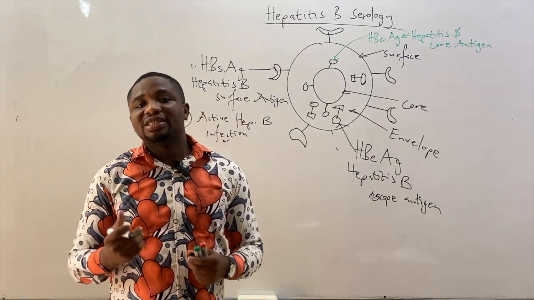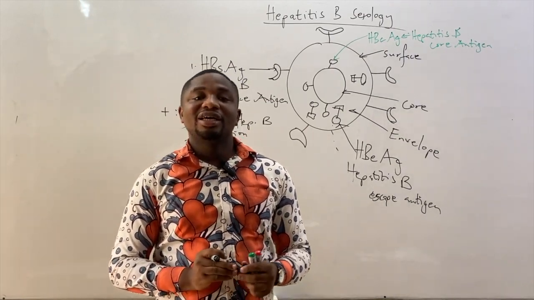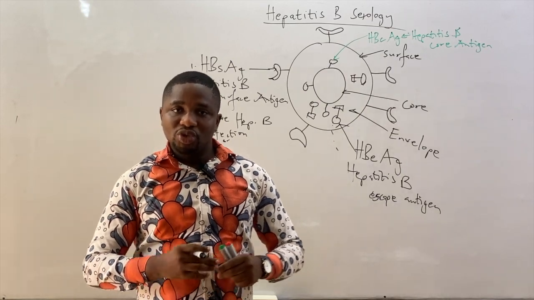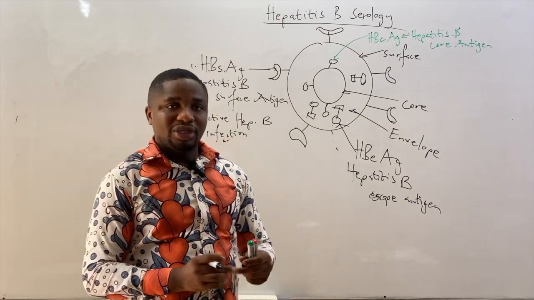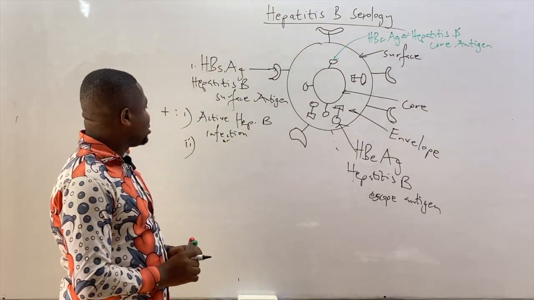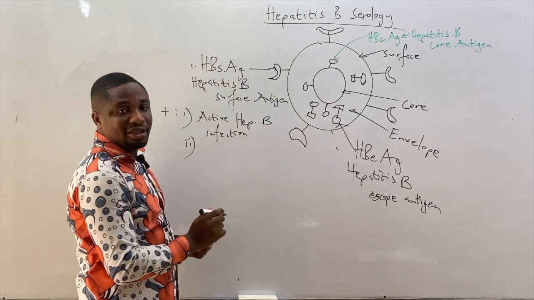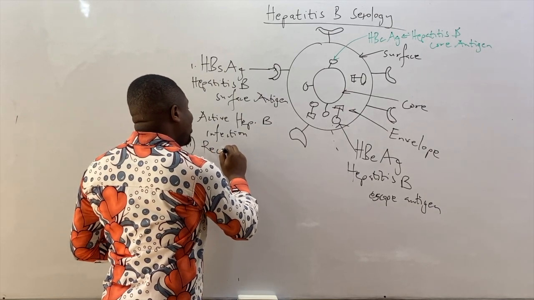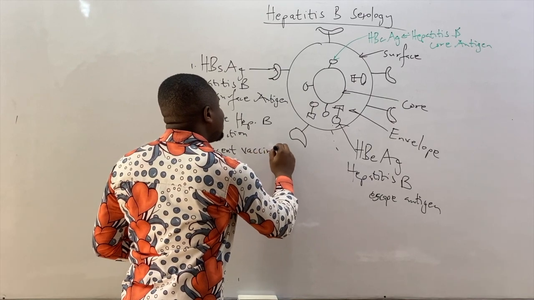So if somebody is given a hepatitis B vaccine, it will contain the hepatitis B surface antigen, which will stimulate the body's immune system to produce antibodies. So the second reason why the hepatitis B surface antigen could be positive is when the individual has just received a vaccine, so recent vaccination.